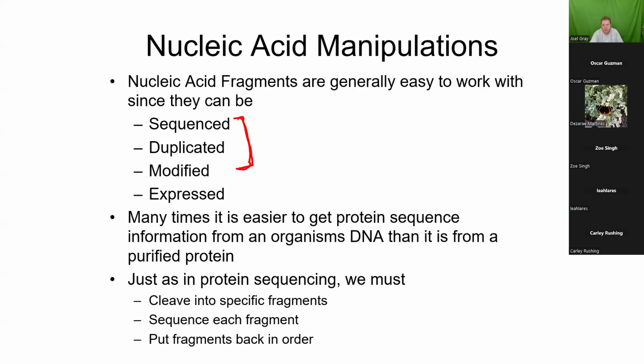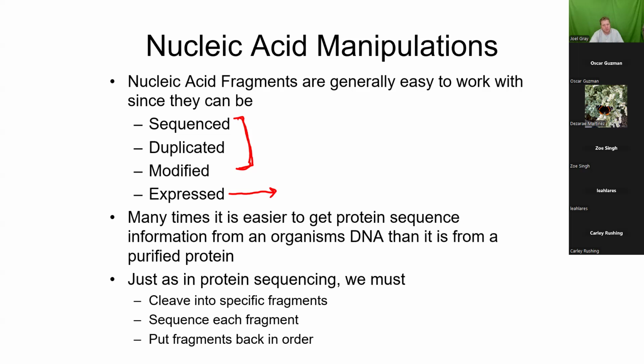You can sequence a piece of DNA using the instrument that you use for PCR, known as a thermal cycler. You can duplicate it, that's your process of PCR, and then you can modify it also using a thermal cycler. Whenever we talk about expressing, generally we're talking about making a recombinant piece of DNA and putting it into E. coli and amplifying whatever that product is.